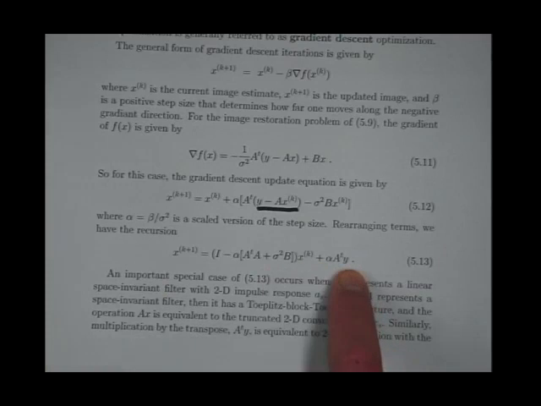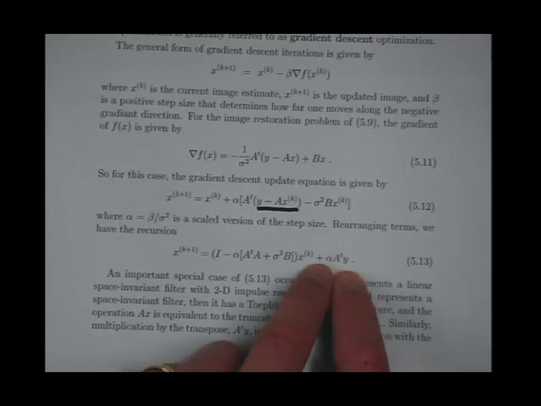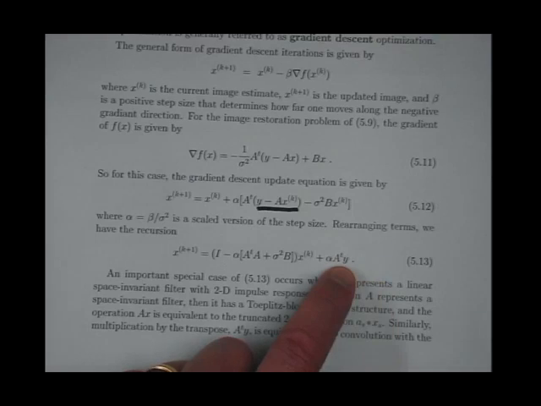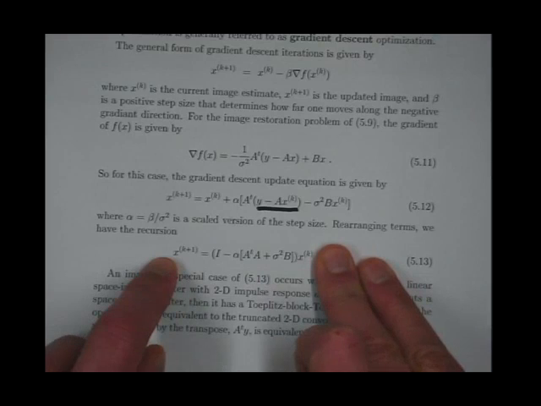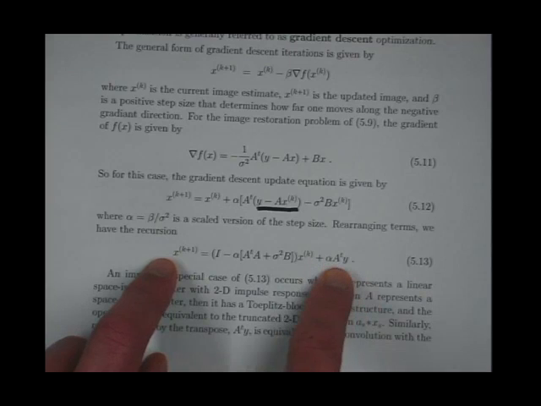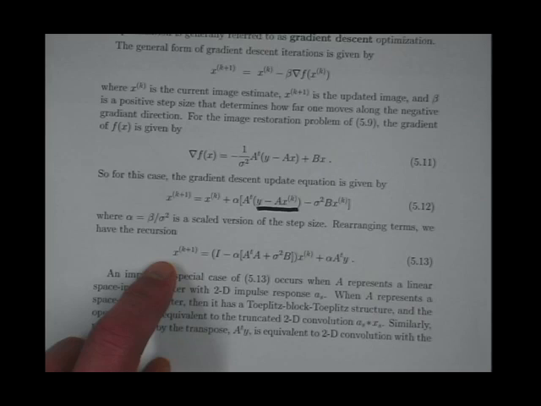Now, it turns out, obviously, the additive constant, alpha times A transpose Y, is very important because it's what gives you the correct answer. Otherwise, if this were 0, then basically the solution to this iteration would be 0, okay? It would be very uninteresting. But this driving term is important because the particular solution of this difference equation is what you're interested in.